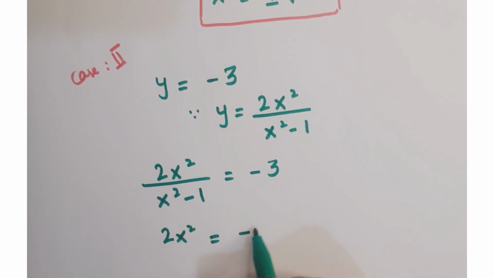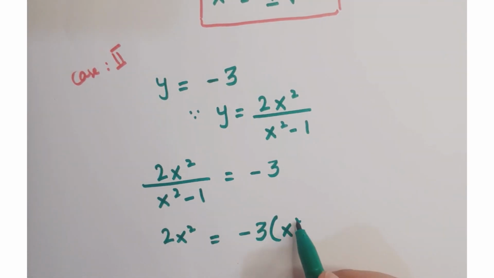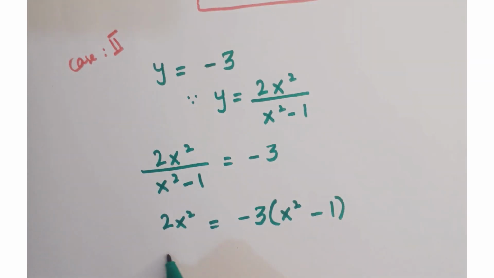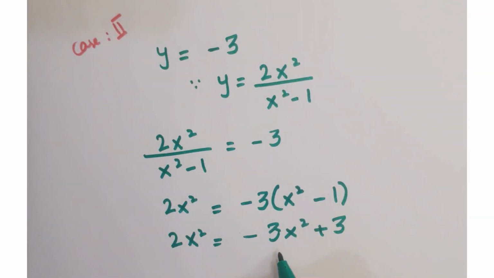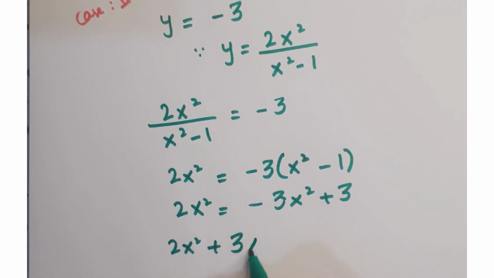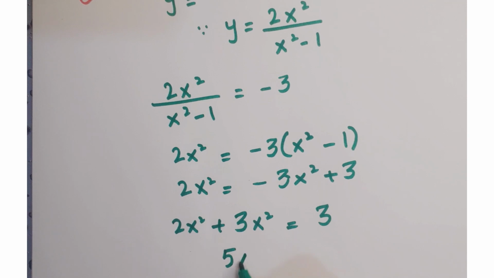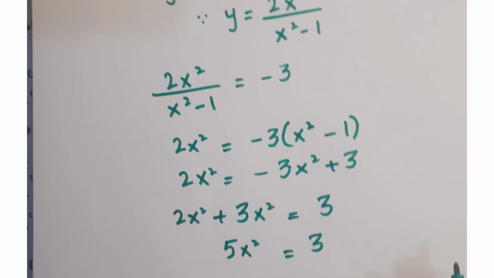This is 2x² = -3(x² - 1). Further you can write 2x² = -3x² + 3. Move this 3x² to the left hand side. Here you get 5x² = 3.